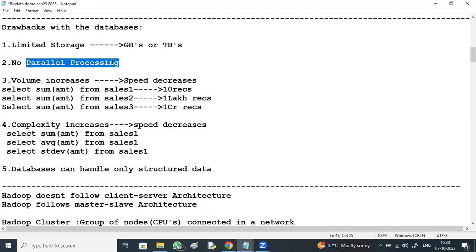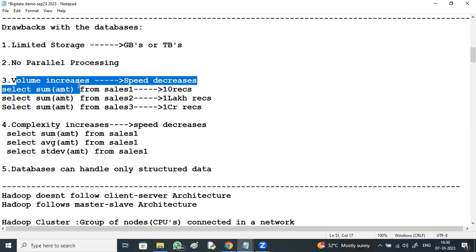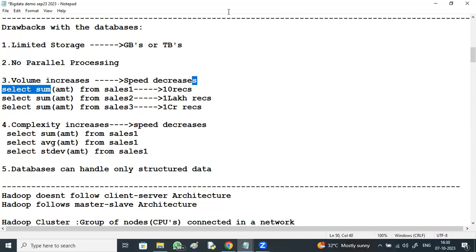Also, as volume increases, speed decreases in most of the databases.